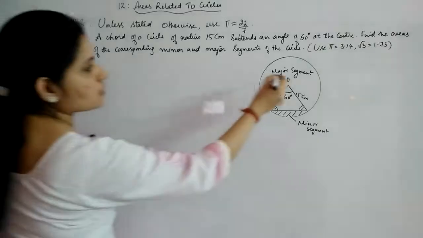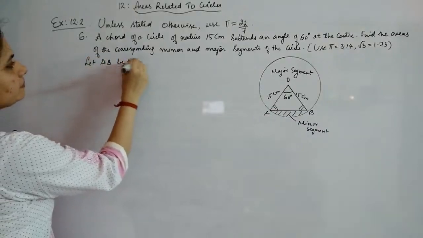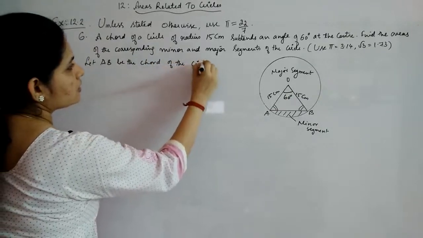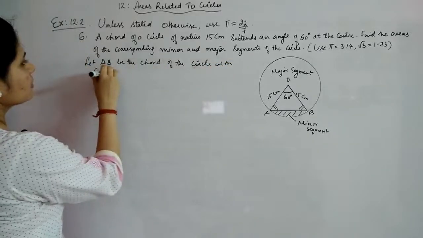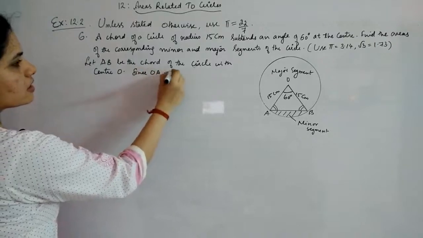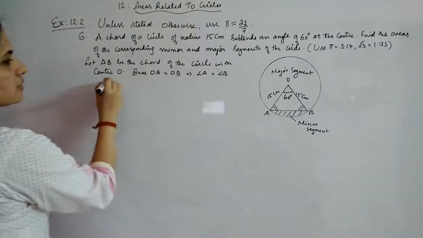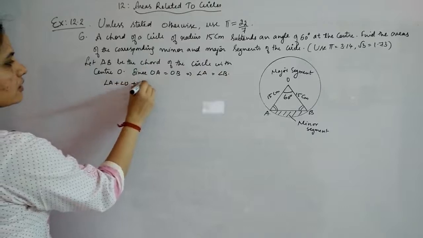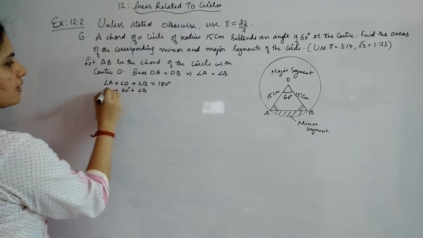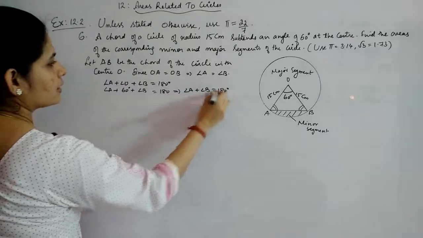Suppose AB is the chord of the circle with center O. Now since OA is equal to OB, we have angle A is equal to angle B. Now since you have angle A plus angle O plus angle B as 180 degree, and angle O is 60 degrees, you will have angle A plus angle B equal to 180 minus 60, this is 120.